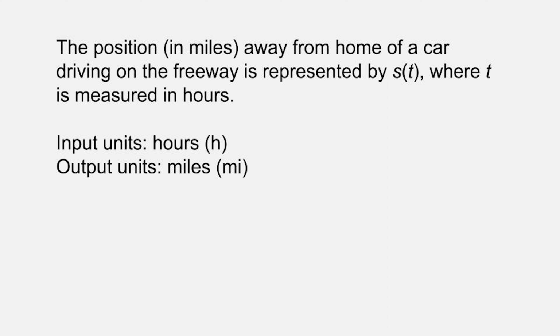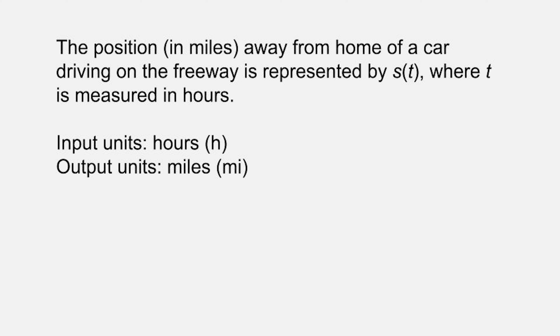So what am I plugging into this function and what am I getting out? Well, I'm plugging in t, and t represents how many hours have passed since this car left home. And when I plug in t, I get out miles, and so I know after some number of hours how far this car is away from home.